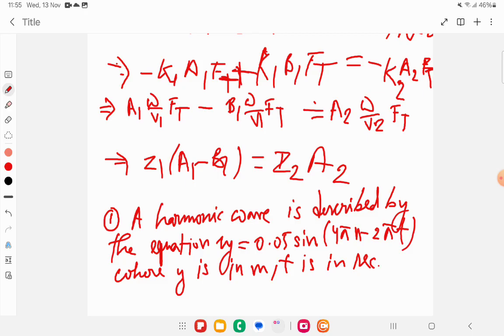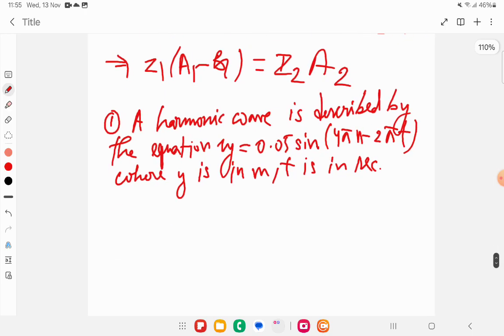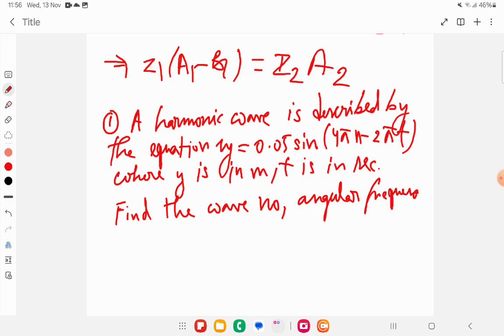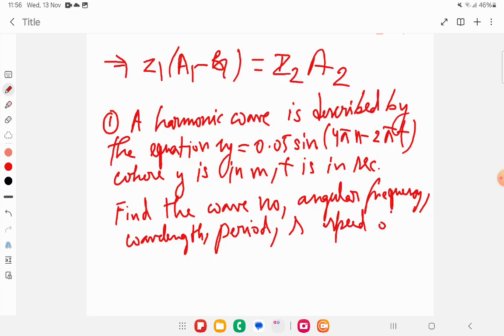Find the wave number, angular frequency, wavelength, period, and speed of the wave.